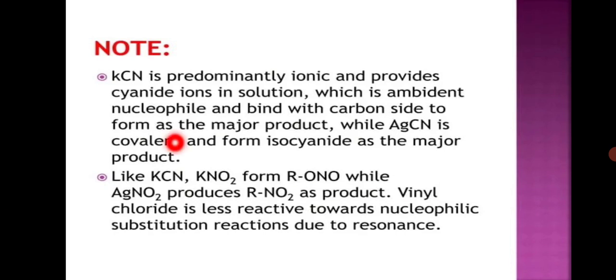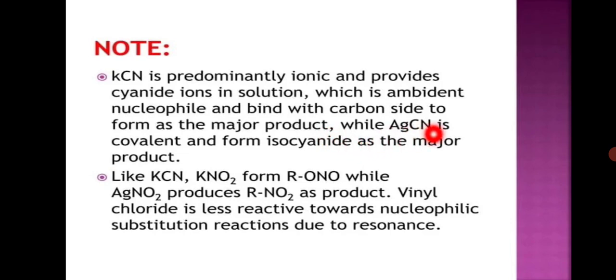So KCN, that is potassium cyanide, as I told you earlier, is predominantly ionic, and it provides cyanide ions in solution, which is an ambidentate nucleophile. Therefore, cyanides will be formed, binding through the carbon side to form the major product.